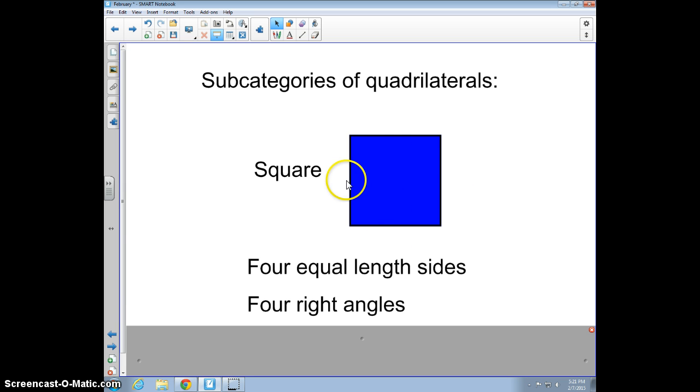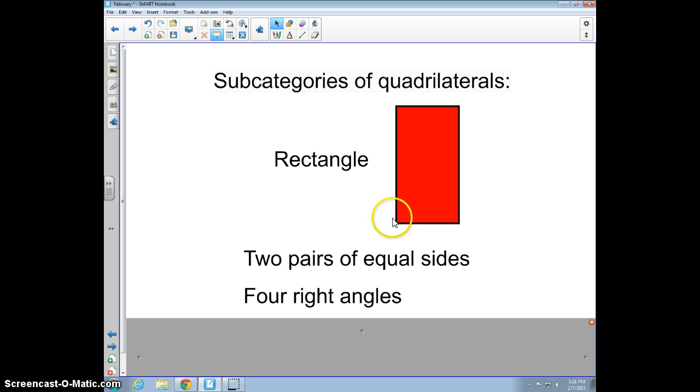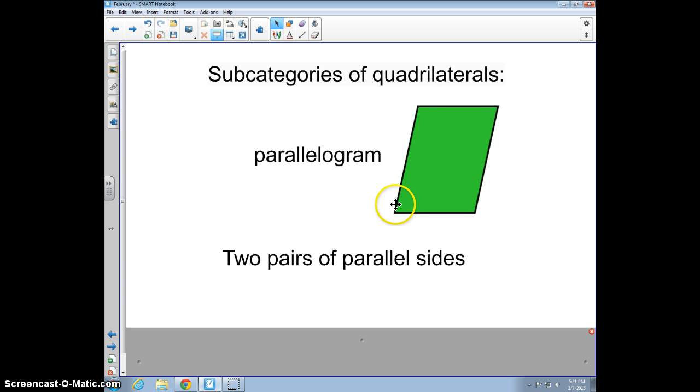The top and bottom here are parallel and the sides are parallel, and the same thing with rectangles. So all squares and all rectangles are parallelograms, but not all parallelograms are squares and rectangles because, as you can see in this example, it has two pairs of parallel sides, so it's a parallelogram, but it does not have four right angles, so it cannot be a square or a rectangle.